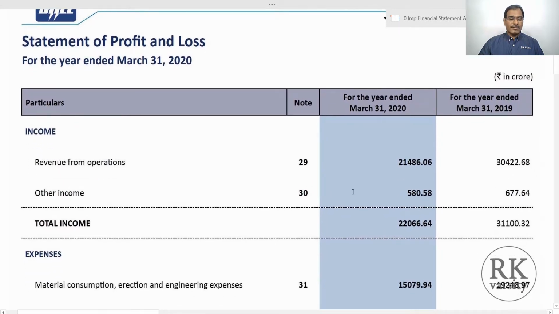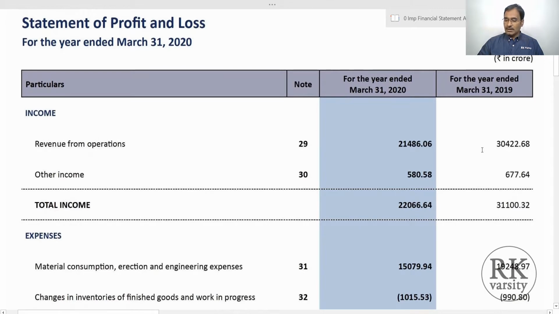Here you can see revenue from operations for two financial years, the year ended 2019 and the year ended 2020. We consider these only. We ignore other income. So our net revenue from operations is our net sales. I'll show you the details of revenue from operations in a while. These amounts are in rupees crores.